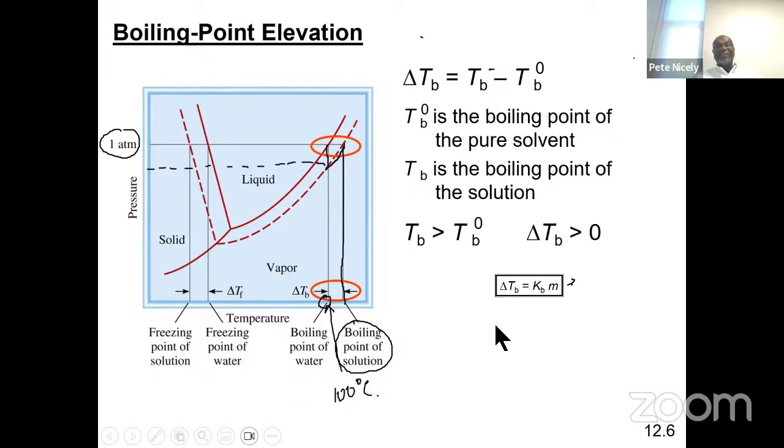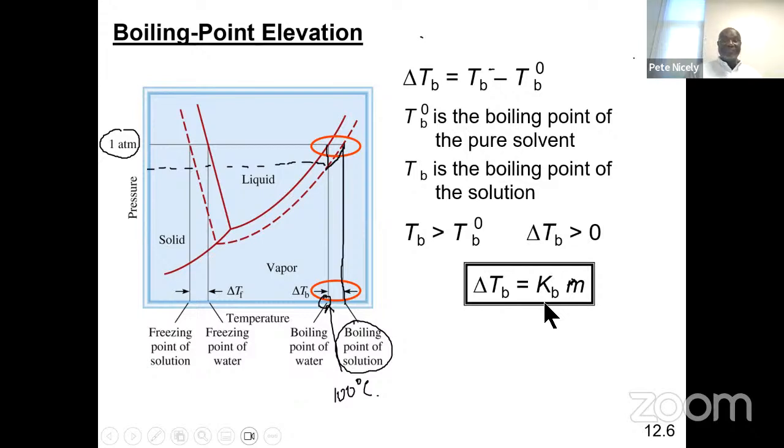And it is given by this equation right here. Delta TB, the elevation in boiling point, is equal to KB, which is called the boiling point constant. I'm going to say more about that, times m. m, remember, is the molality, right? m is the moles of solute divided by the kilograms of solvent, right?